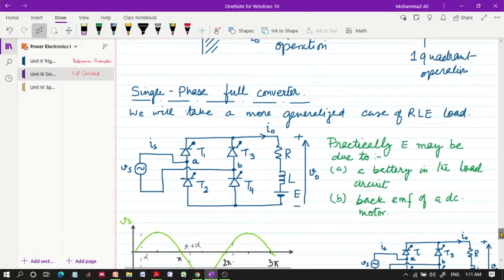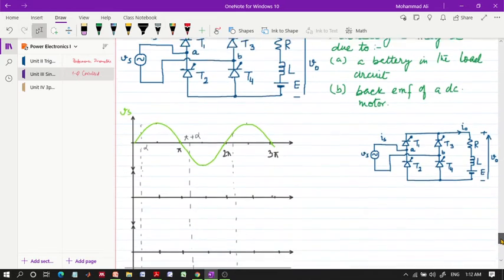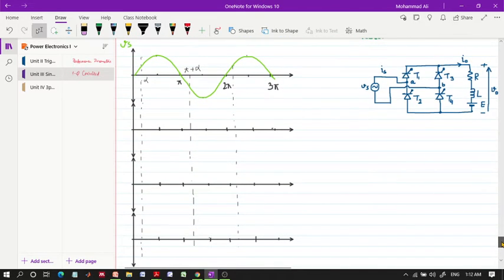Now how we are going to understand the circuit, and using the waveforms. So let us see the circuit over here, and this is the supply waveform, right? And I am going to fire these thyristors at certain angle alpha.